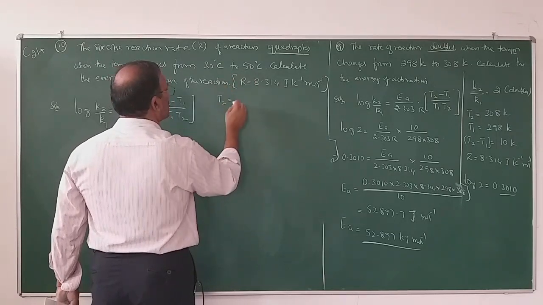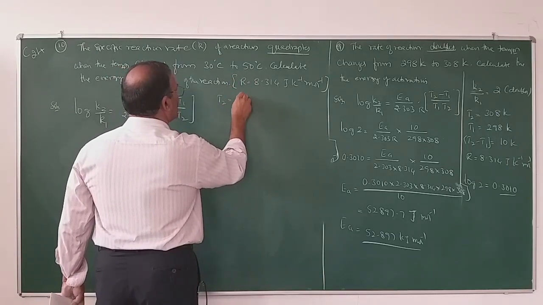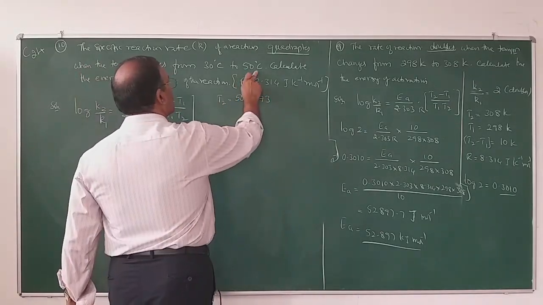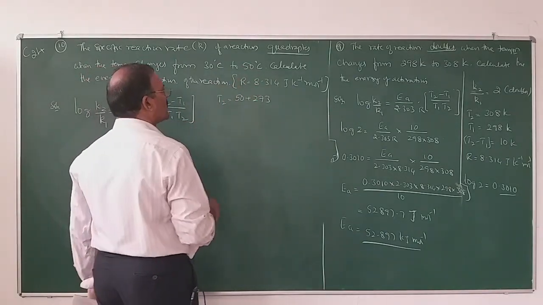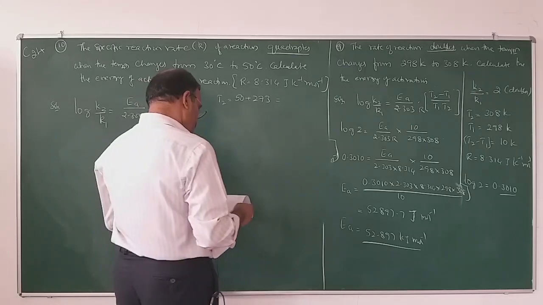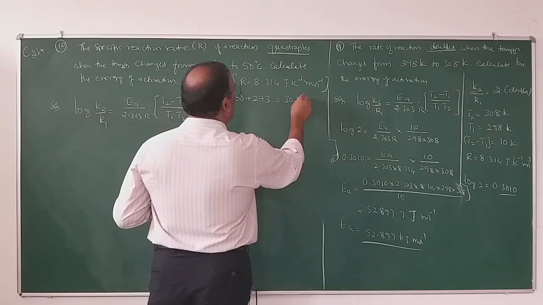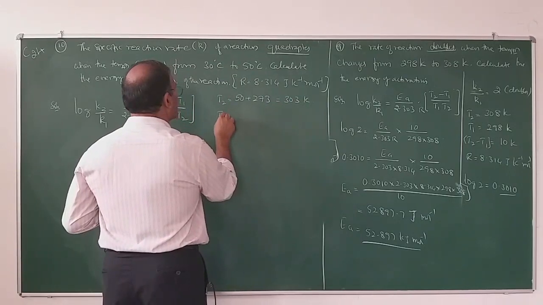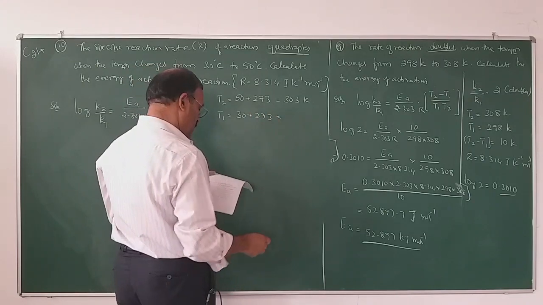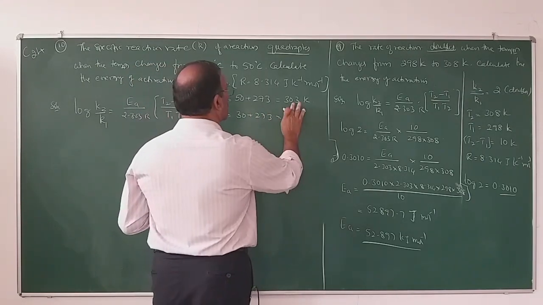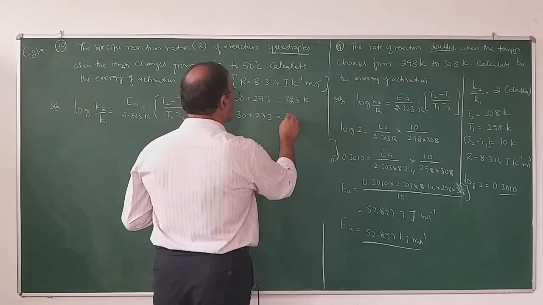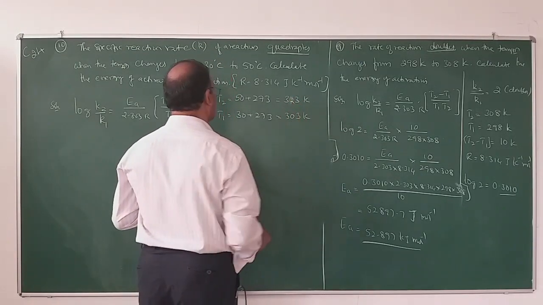T2 is the higher temperature, 50 plus 273, since it is given in centigrade and to convert it into Kelvin you have to add 273. So T2 is 323 Kelvin, and T1 equals 30 plus 273, that is 303 Kelvin.